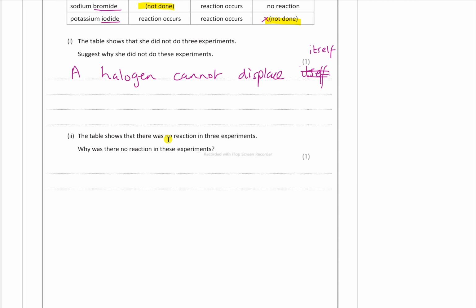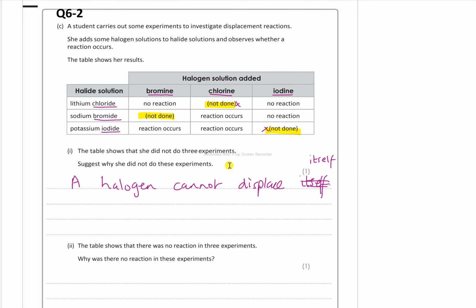The table shows there was no reaction in 3 of the experiments. That one, that one, and that one. The reason is because you've got chlorine, bromine, and iodine. Chlorine is the strongest or the most reactive. Chlorine, bromine, iodine: most reactive, least reactive.